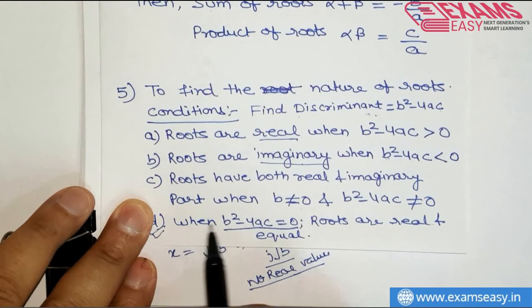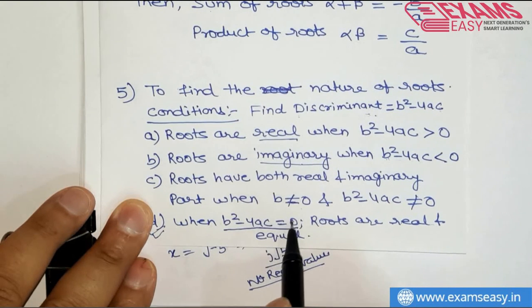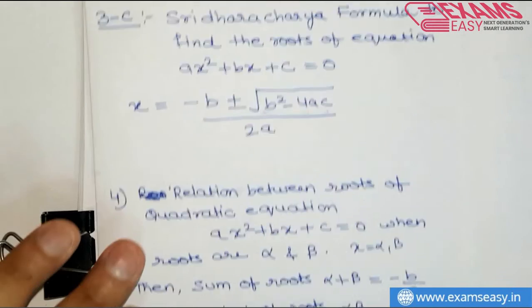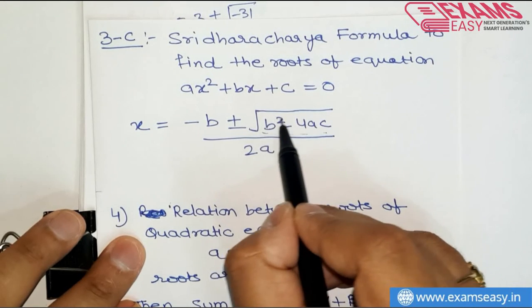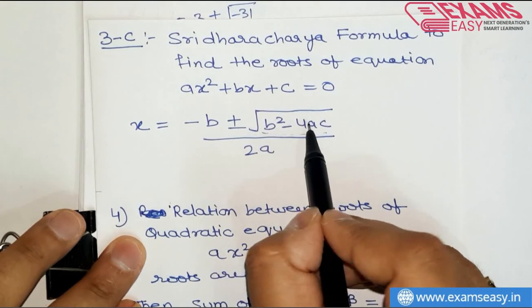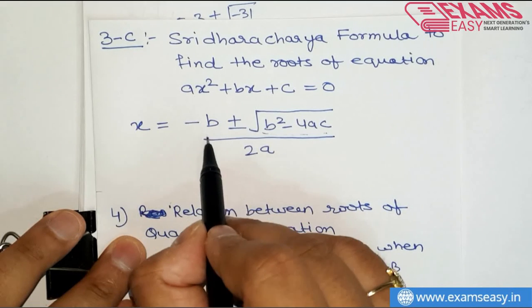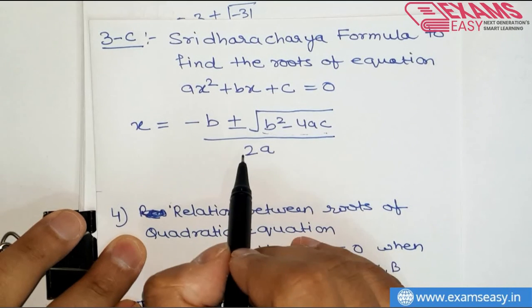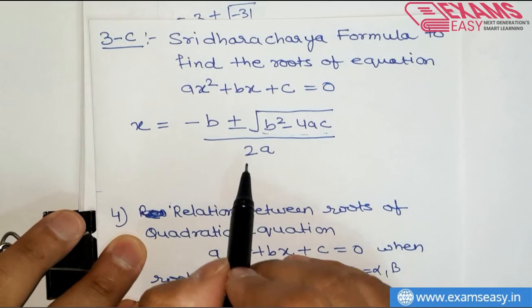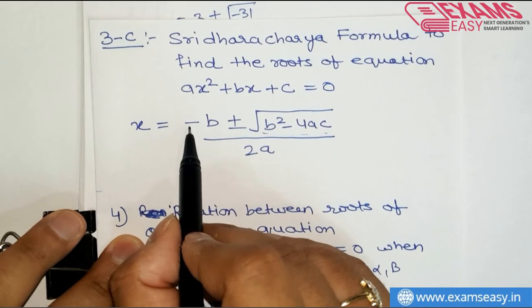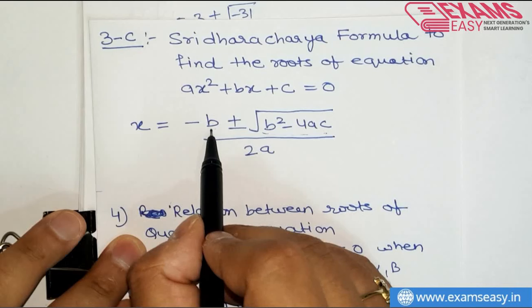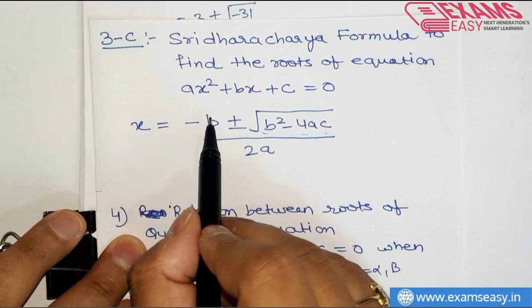But when b square minus 4ac is equal to 0, that means when this part becomes 0, we are left with only minus b by 2a. But a quadratic equation has two solutions, so we will have two same solutions. That means the roots will be real and equal.